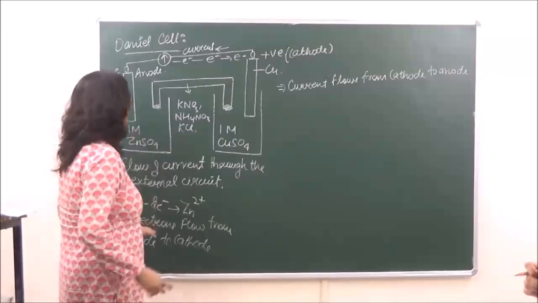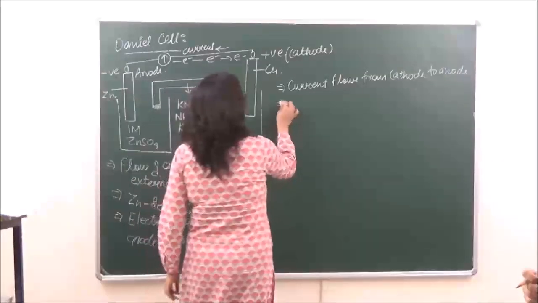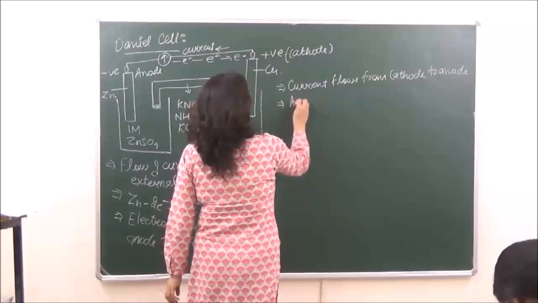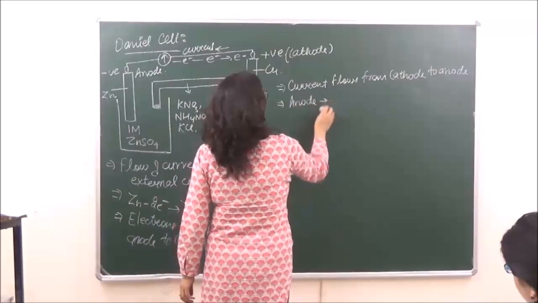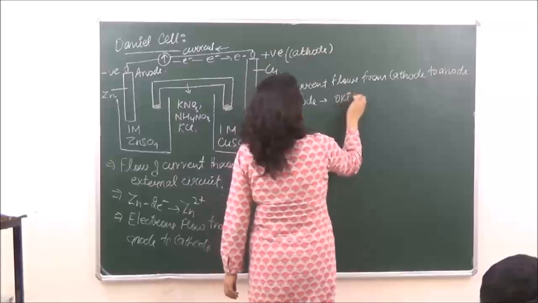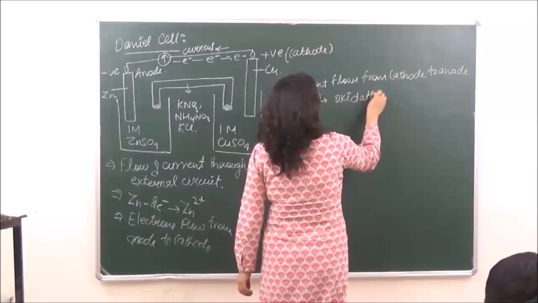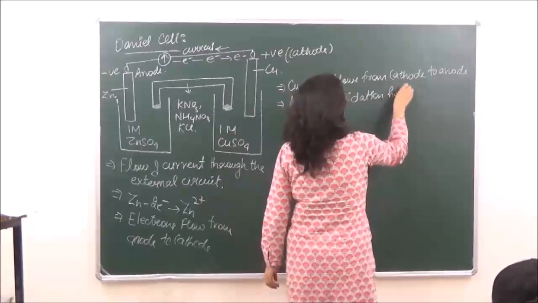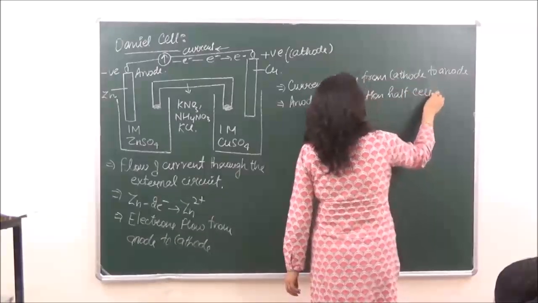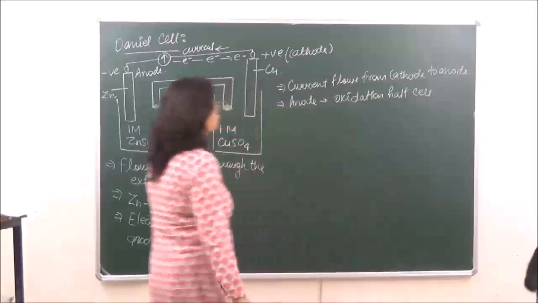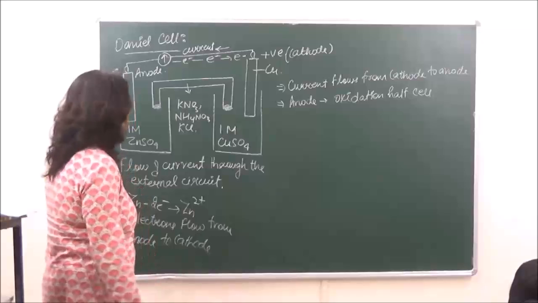So the left hand side, or the anode, is known as oxidation half cell.